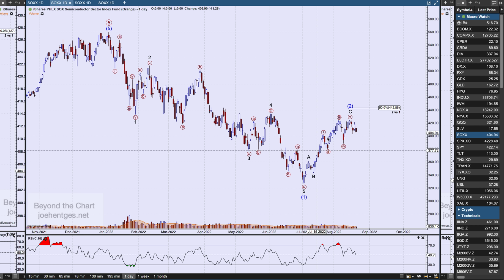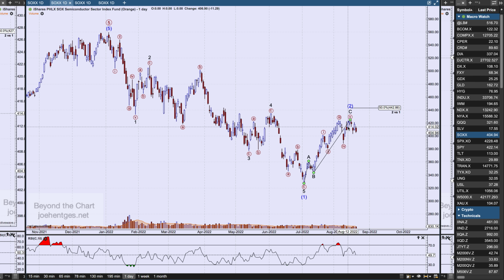Okay, and now we've got this counter trend move. This was a little bit funky in here, but here's what I think is happening. We've got this zigzag, an ABC. But you look at this and go, well, what's going on with the C wave? Well, I think it's an ending diagonal pattern in here for the C wave. When you have a zigzag, the A wave is a 5-wave move. The C wave is a 5-wave move.